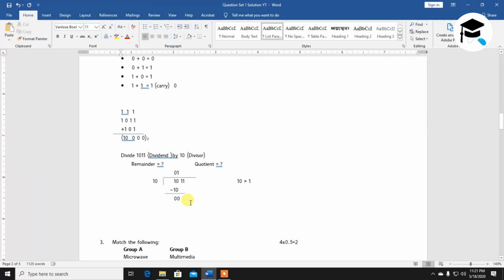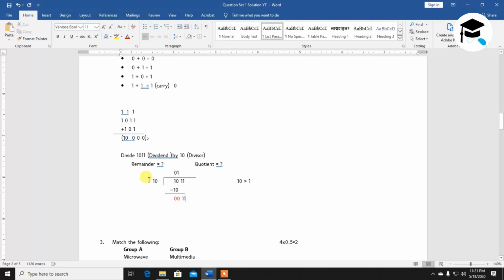Now again let's check for this 1, 1. This is the result of subtraction of 10 and 10. I have highlighted this. Okay, now see here. Now let's copy this 1, 1 as it is.